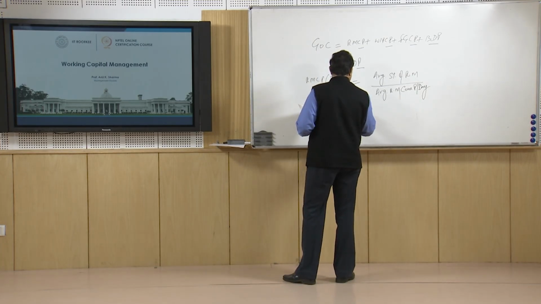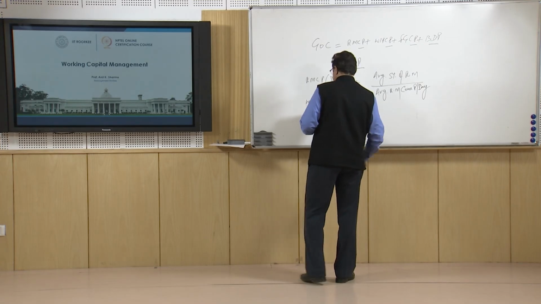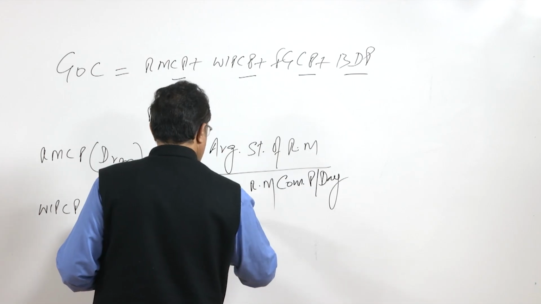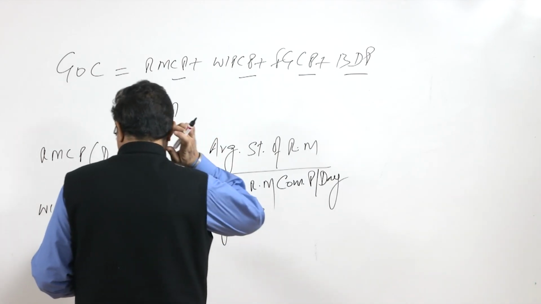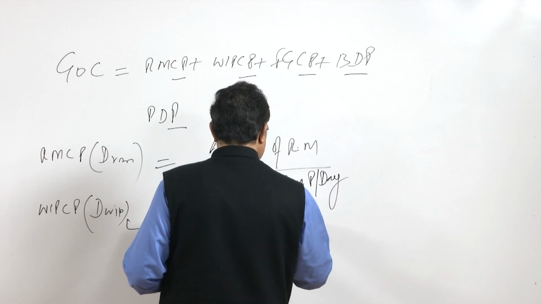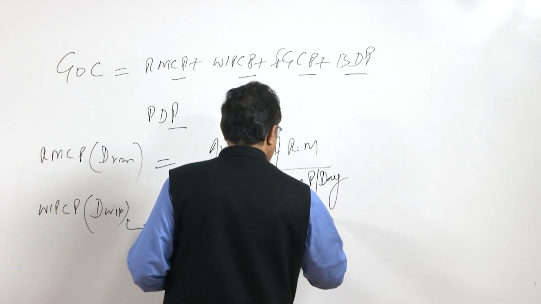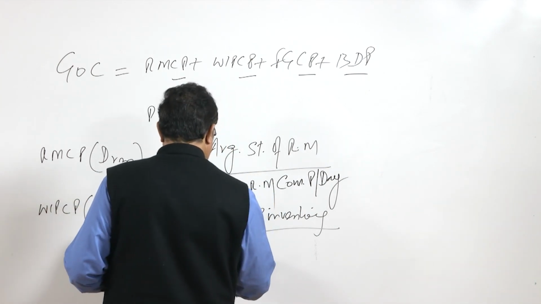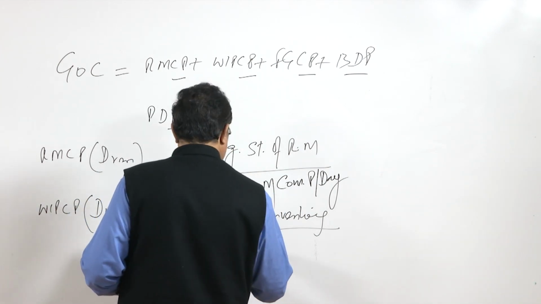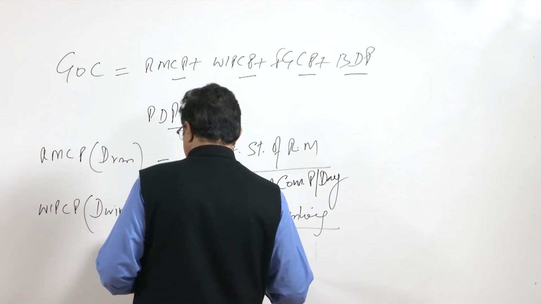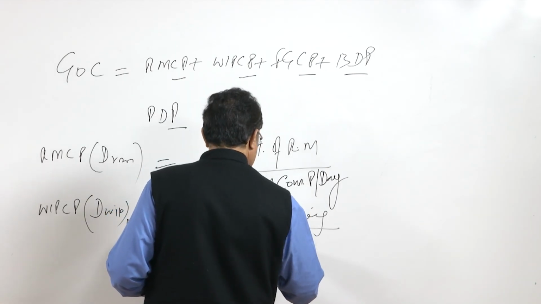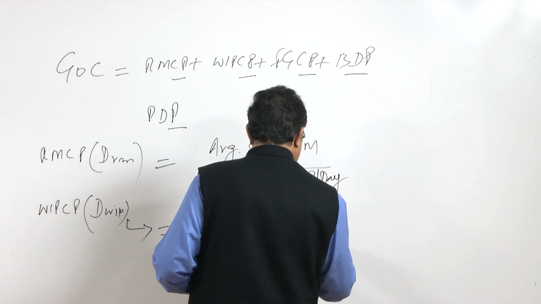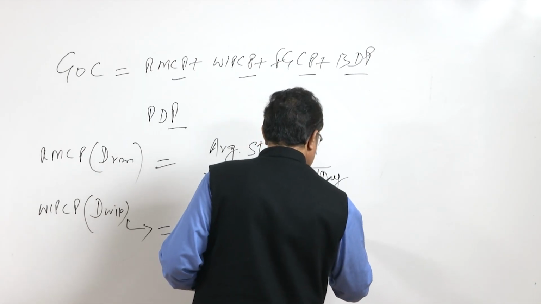For calculating this duration of work in process, what you have to do is take the average WIP inventory divided by the average WIP value committed per day.